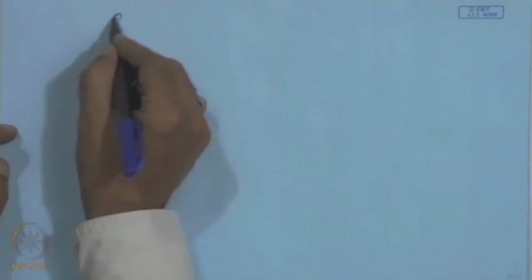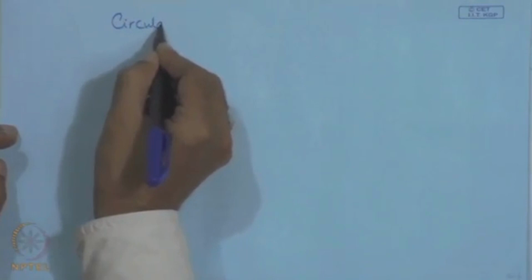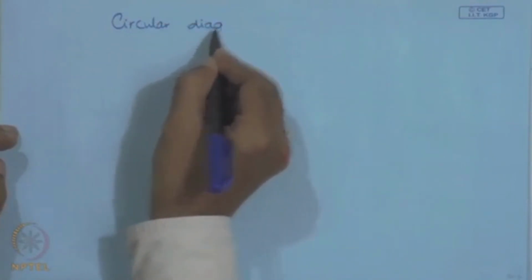So this is the radiating vector diagram. Now we will go to the next graphic representation, that is the circular diagram.